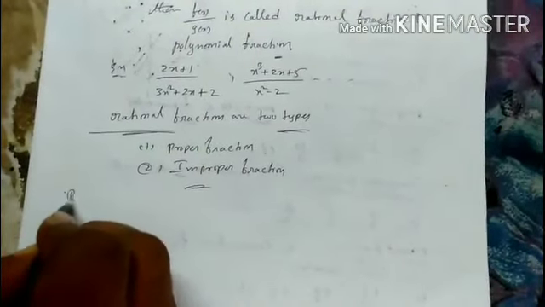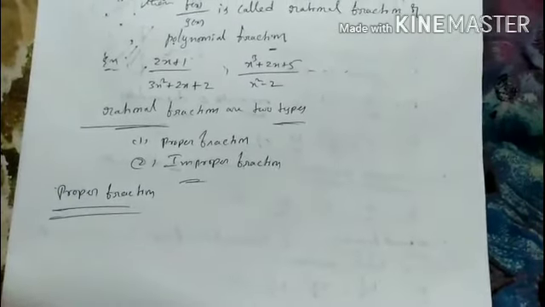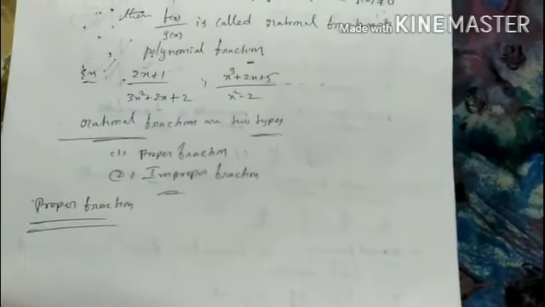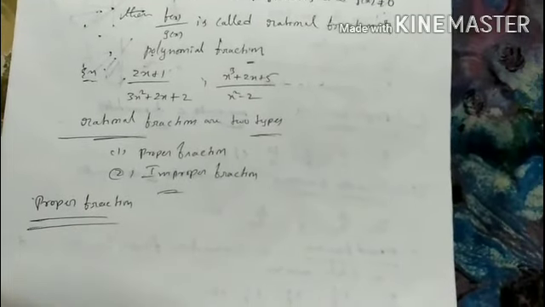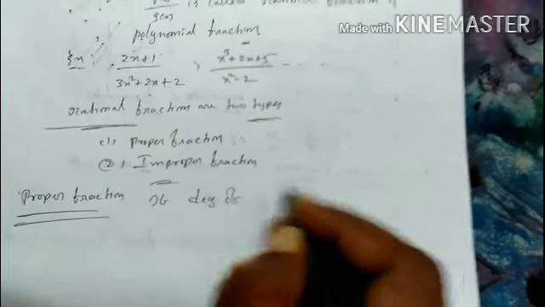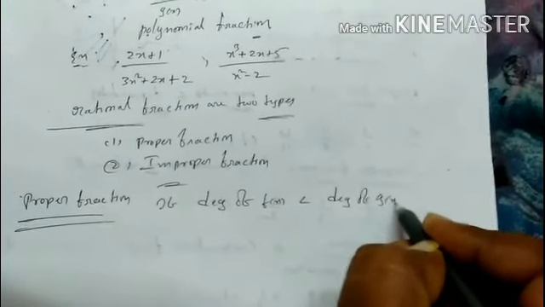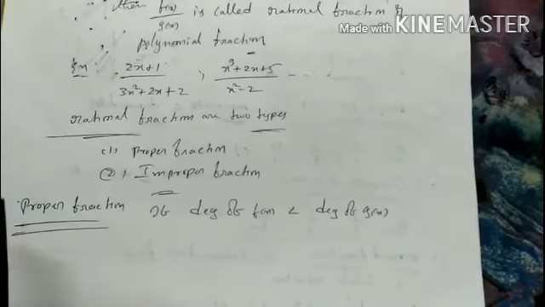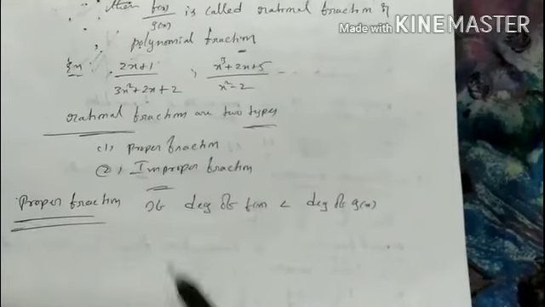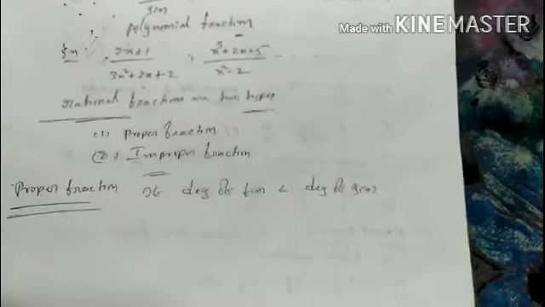What is a proper fraction? A rational fraction is said to be a proper fraction if the degree of f of x is less than the degree of g of x.